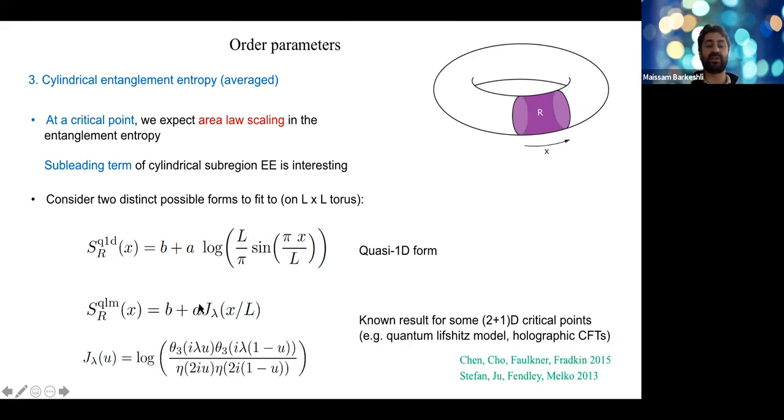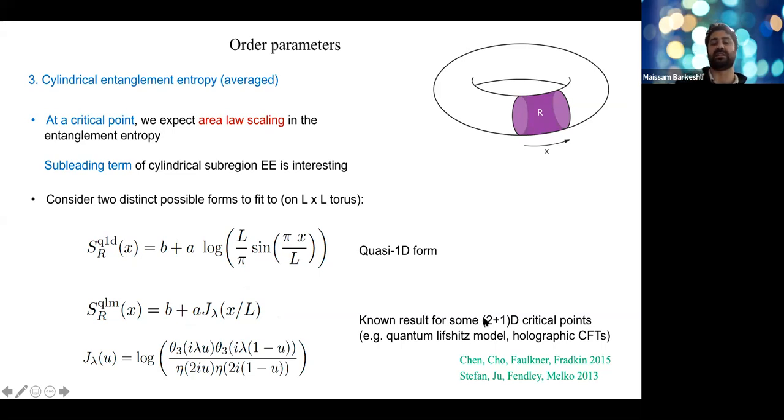And then there's another form that actually fits most of the critical lines along the phase diagram, which takes this form, where J is this combination of Jacobi theta functions and Dedekind eta functions. I never saw this form before actually until Ali and Yahya showed it to me.